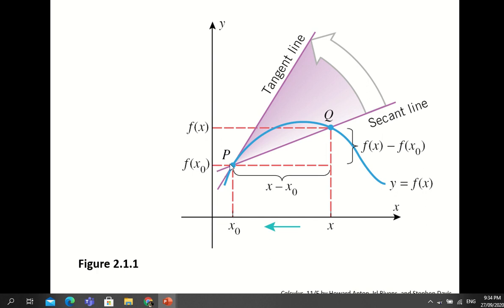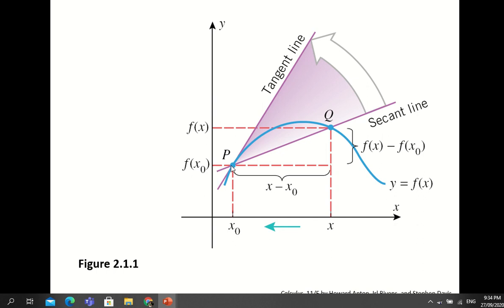And the ordinate is the height of the point from the x-axis, and that is equivalent to f of x sub 0. This is the value of the function at x equal to x sub 0.